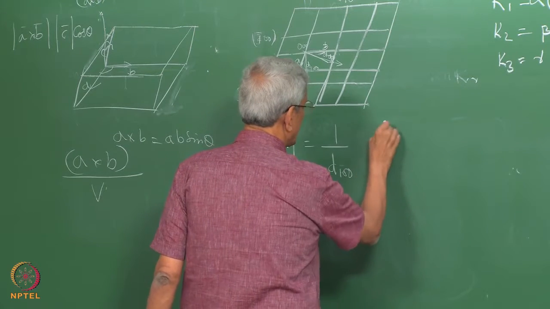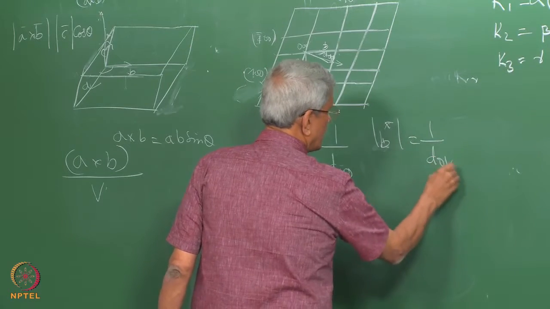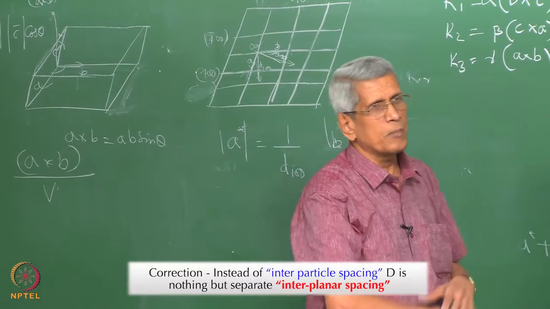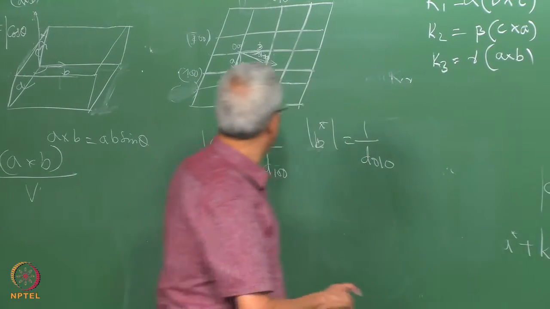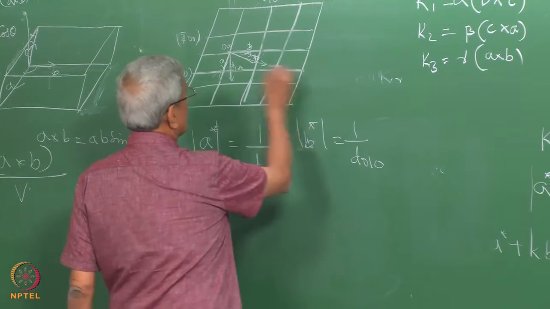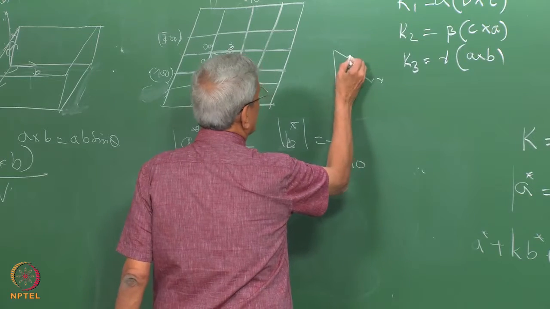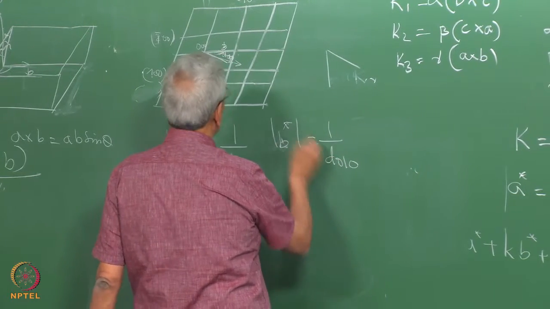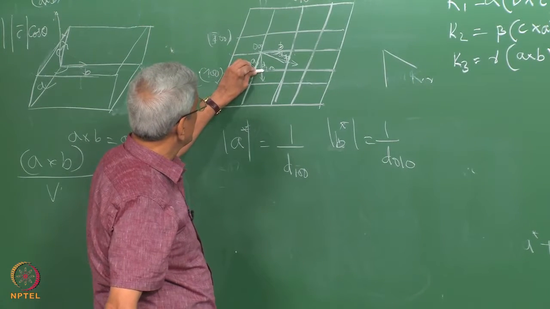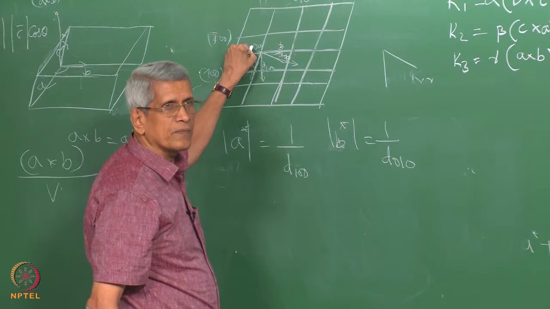B star will be equal to 1 by d010. D is nothing but the interplanar distance. So now if I try to draw this with respect to these vectors which I have taken, here when the plane separation is short, the inverse of it will be large, correct?